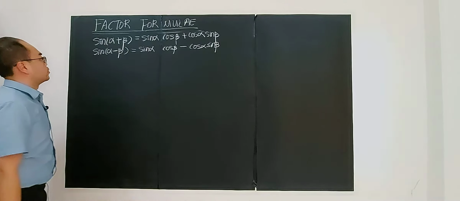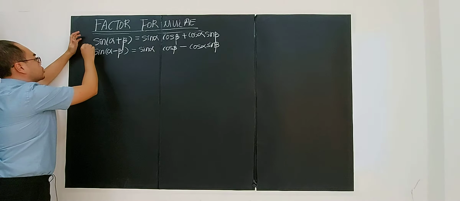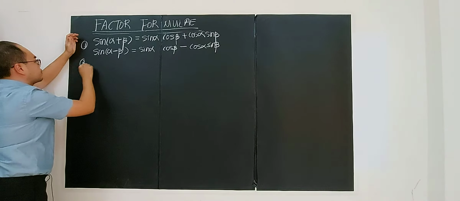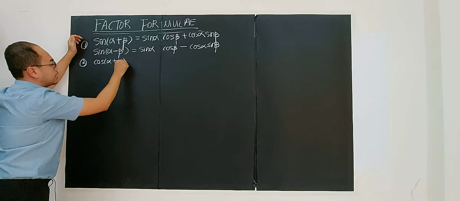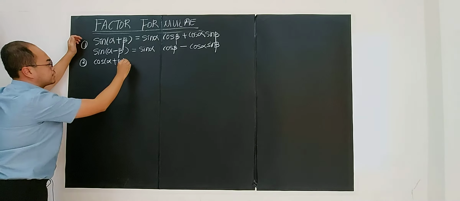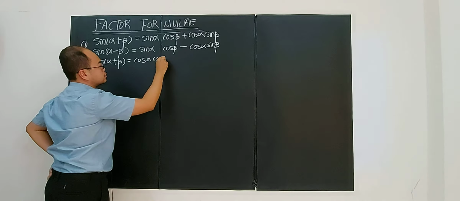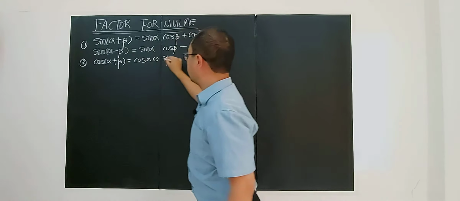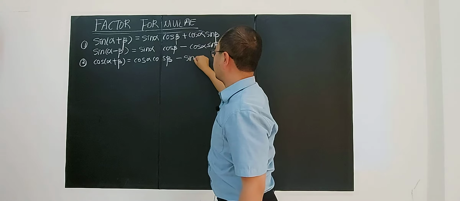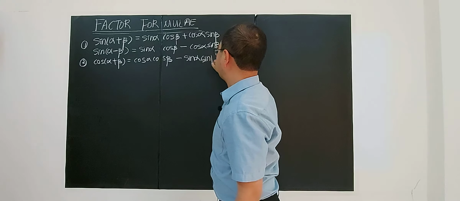Right? So, okay, this is the first one, and the second one, you have cos alpha plus beta, which will be cos alpha cos beta. If this is plus, this will be minus, if you are very familiar with the formula, you will know sine alpha sine beta.